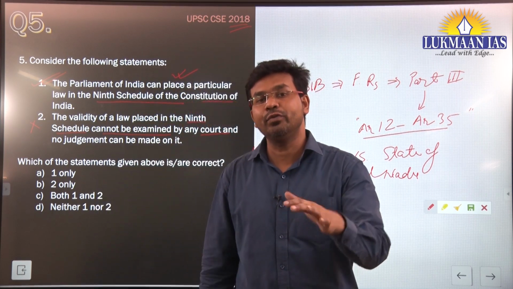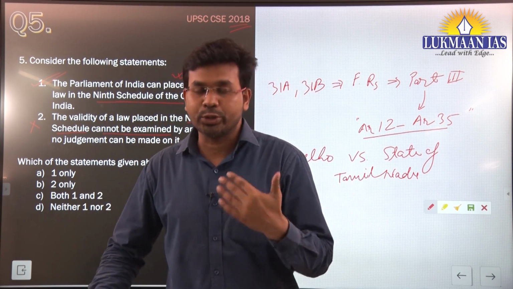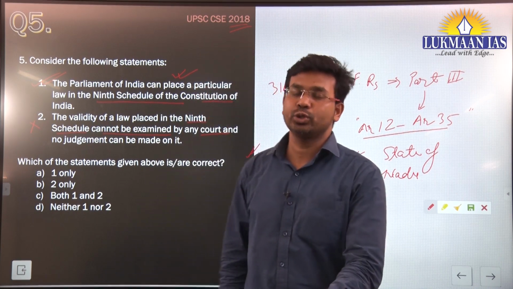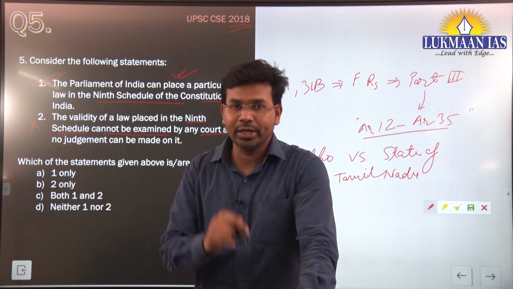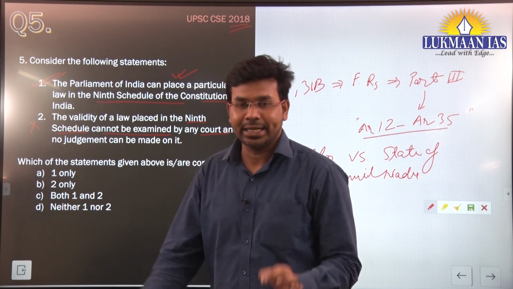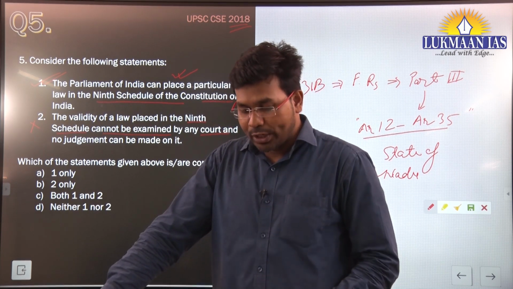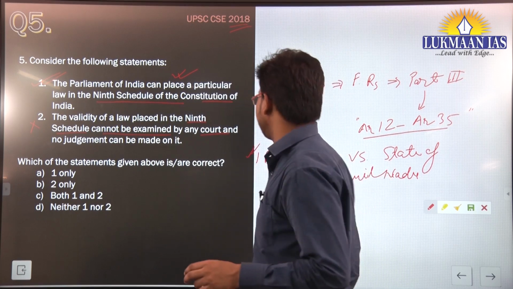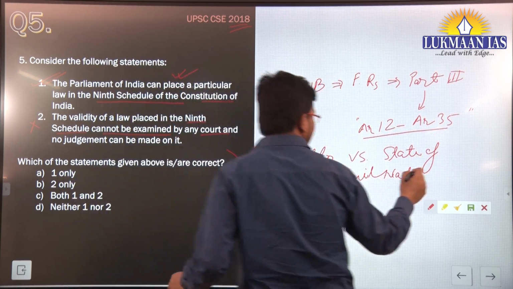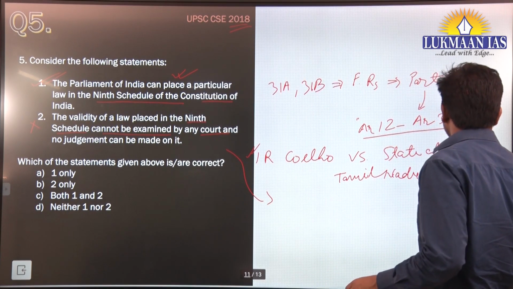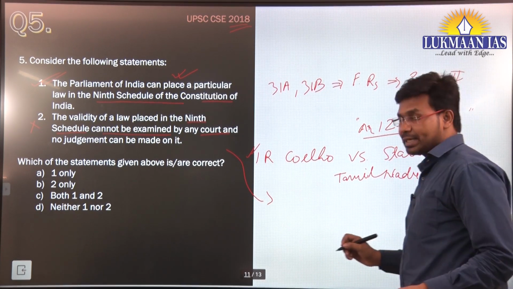So judiciary will be able to scrutinize those laws, after a particular date. What was that date? It was 24th of April 1973. And this case was heard by the Supreme Court of India in the year of 2007.